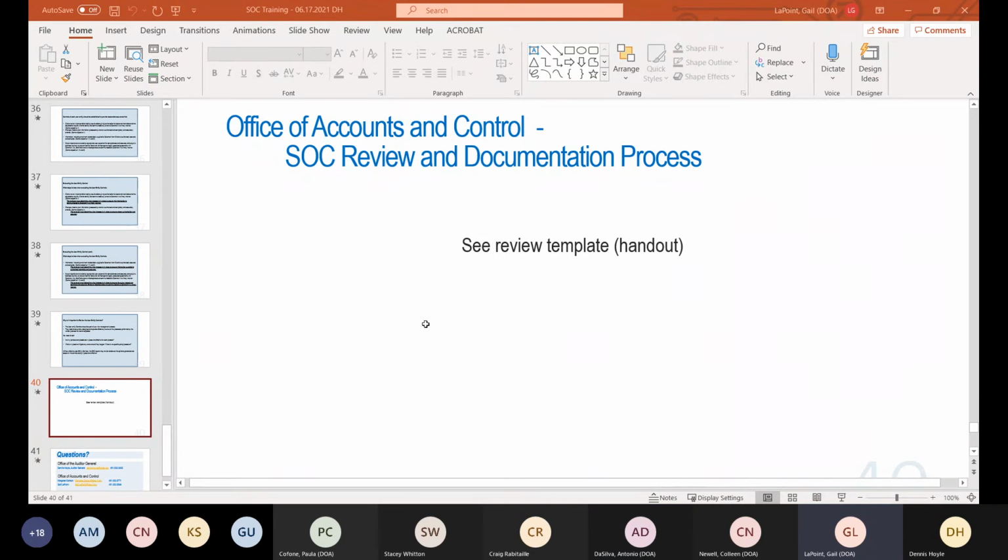For the user entity controls, was the user entity control consideration section part of what was reviewed? Did they have a section? You need to determine that too. Sometimes they don't break it apart and specifically say this is a user entity. You need to read a little bit more into the report to see what they have identified as those.